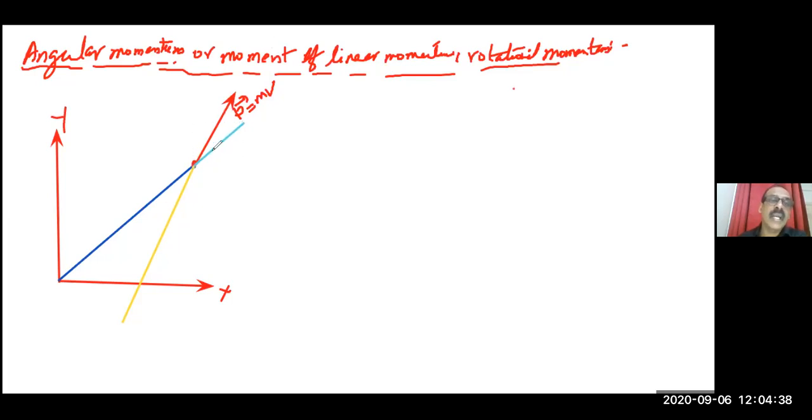Which makes an angle phi. Same like before. Before it was F, now it is P. That's all. This is phi. Here we have to mark the perpendicular distance. This is the perpendicular distance.